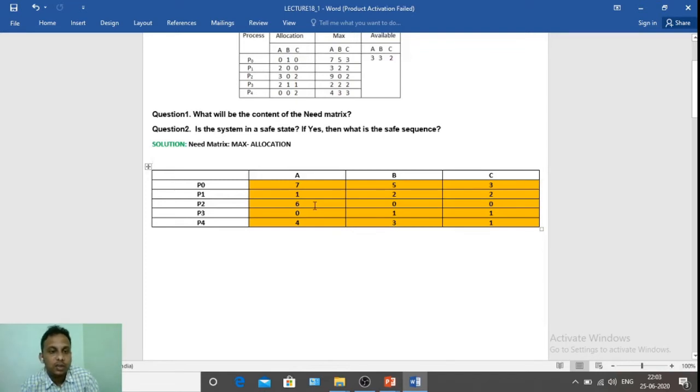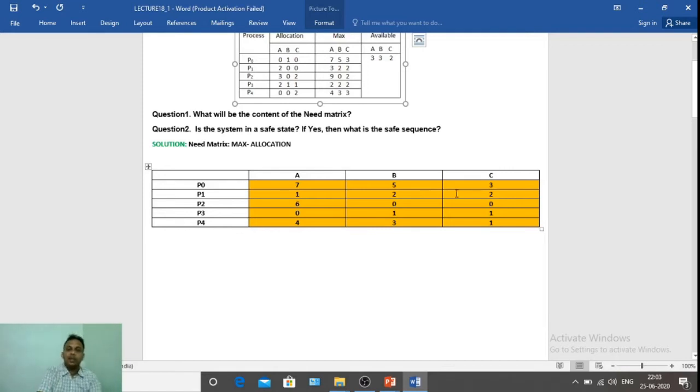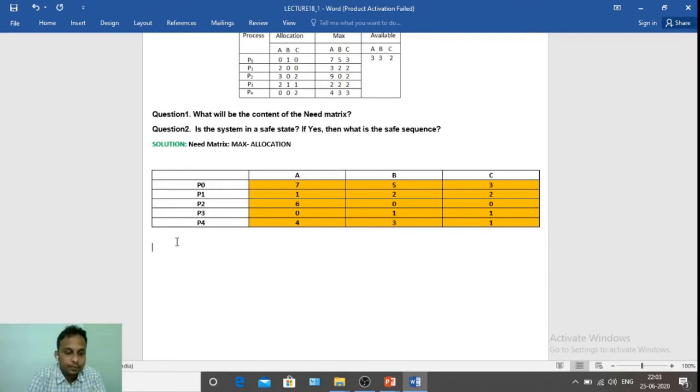Now we'll do question number 2. As you can see, our available matrix is 332, and this need matrix means these are the elements which are required to execute all these processes. So individual requirement is described here. In step 1, we will check whether the P0 process can be executed or not.